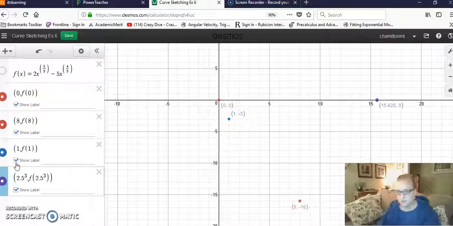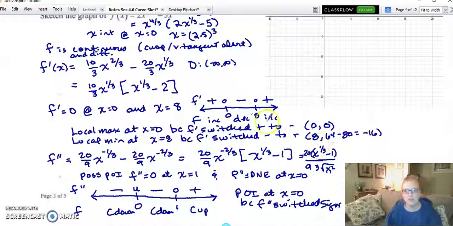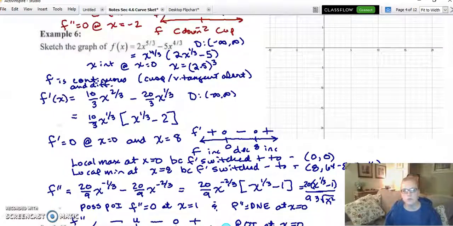Now, one last thing before I do my sketch, I do want to figure out my end behavior to see where it goes. So let's come back over here. I want to do the limit. We'll just put it on top of the graph because the graph is going to be there for you. So the limit as x goes to infinity of f of x.